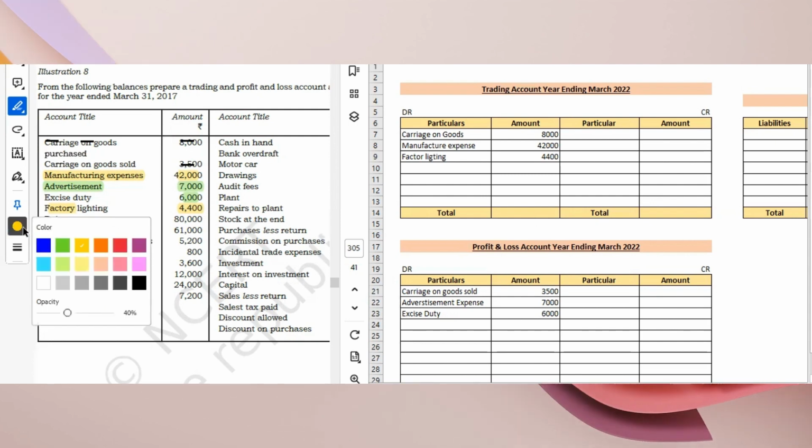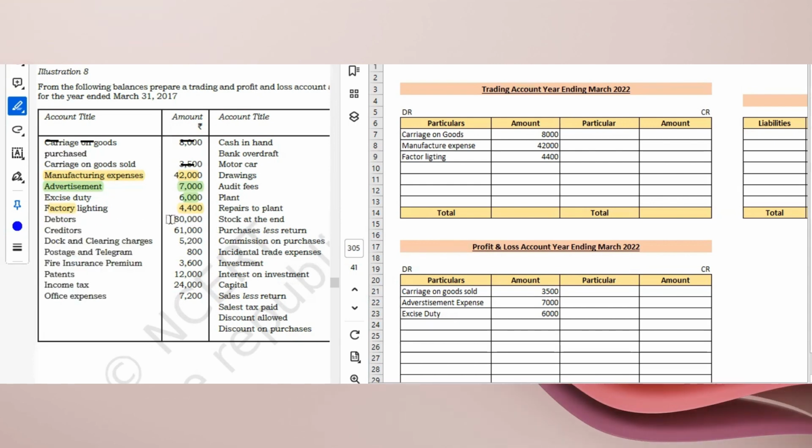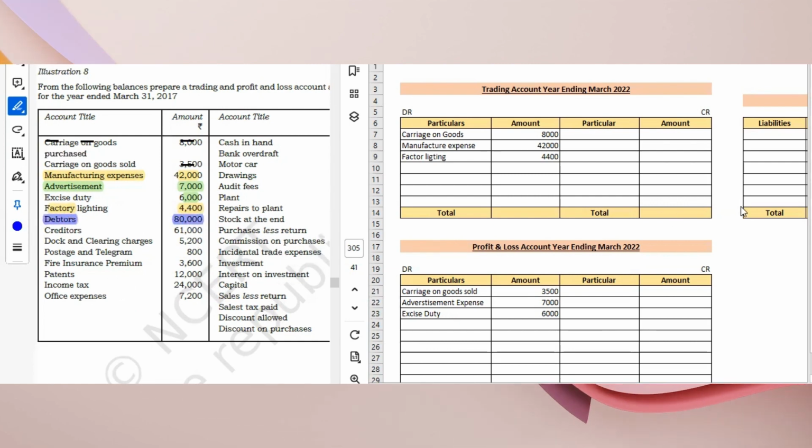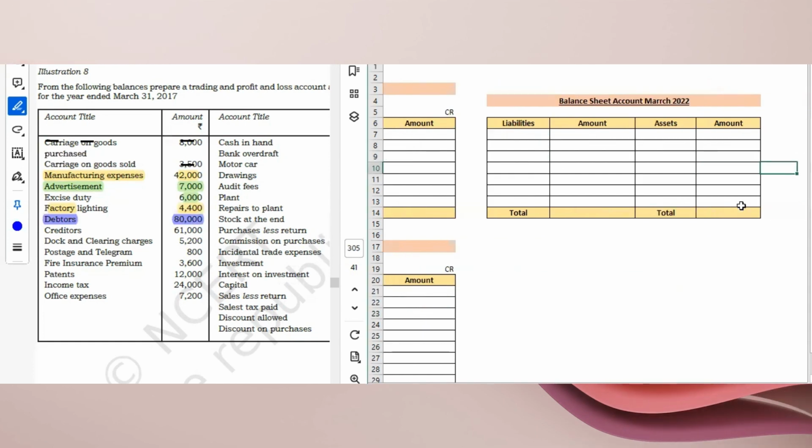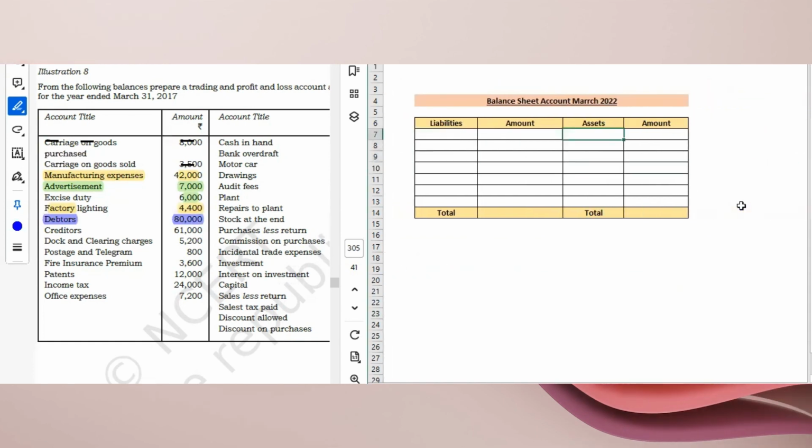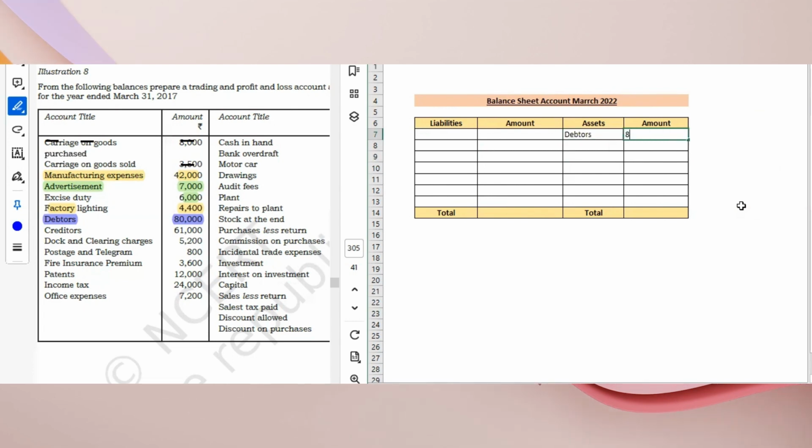So this is an asset account. For assets, we will give it in blue. Okay. For this, I have used blue, so you can see asset. I'm randomly doing it. Debtors is 80,000.